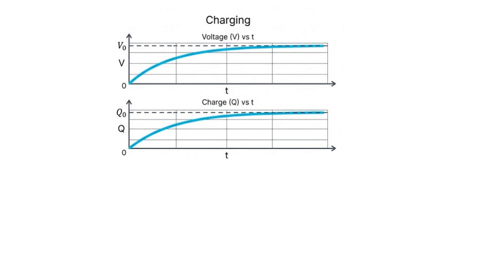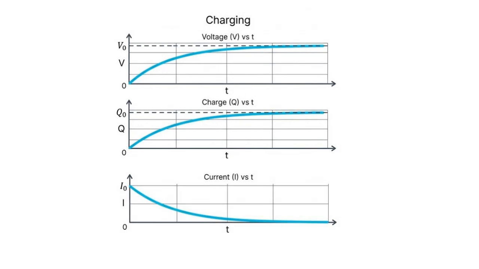Similarly, the charge stored on the capacitor also rises over time, starting rapidly and then slowing as it reaches its maximum charge, Q0. Both voltage and charge versus time show this smooth, asymptotic approach toward their maximum values during the charging process. Meanwhile, the current flowing into the capacitor decreases over time, starting at its highest value and dropping towards zero as the capacitor becomes fully charged.